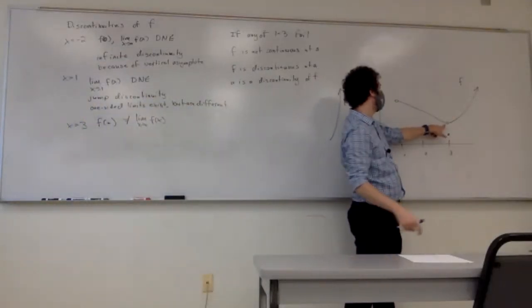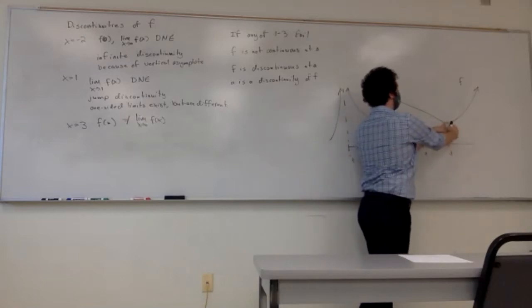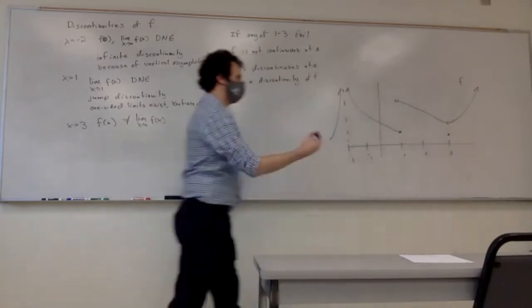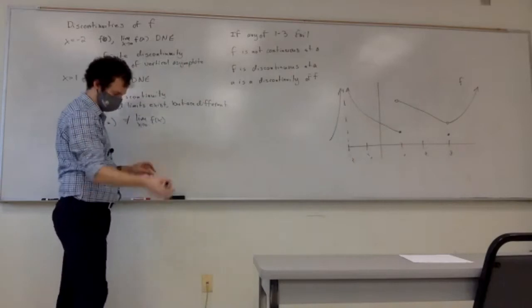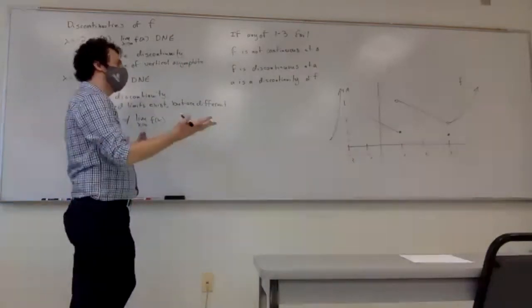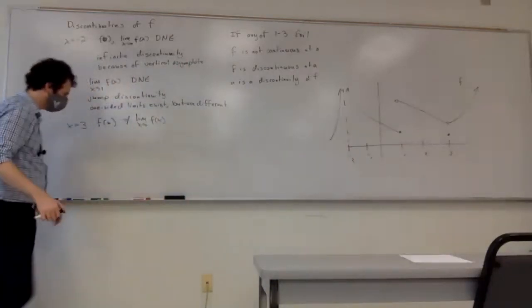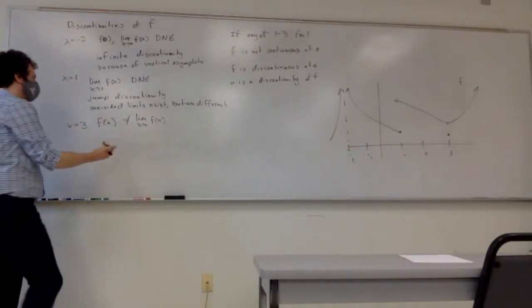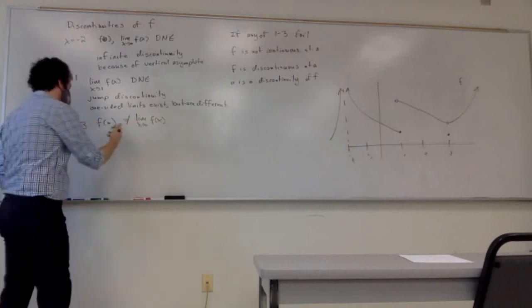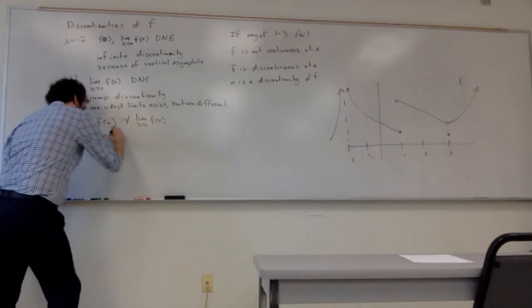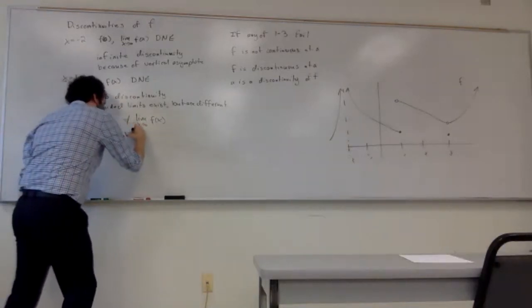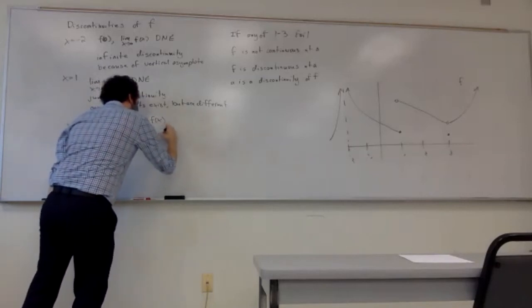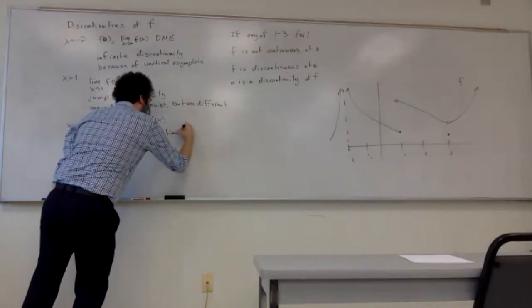So the limit does exist. Both sides are heading towards this hole. The function exists because there's a dot there, but the limit and the point are different. This kind of discontinuity has a less helpful name. This is what's called a removable discontinuity.